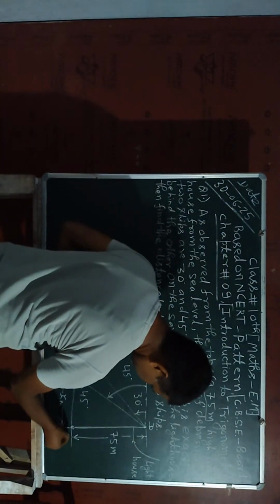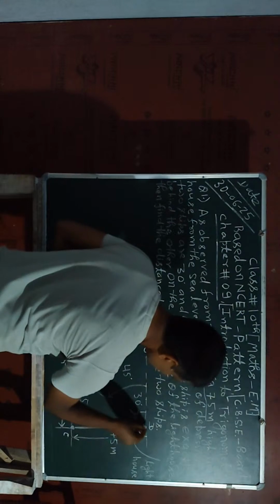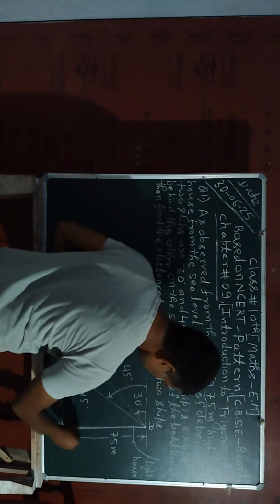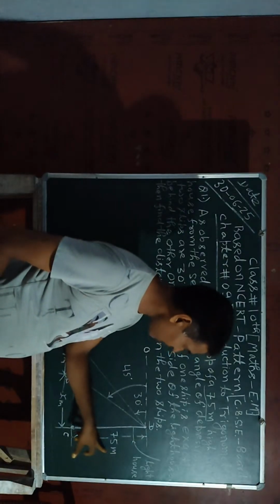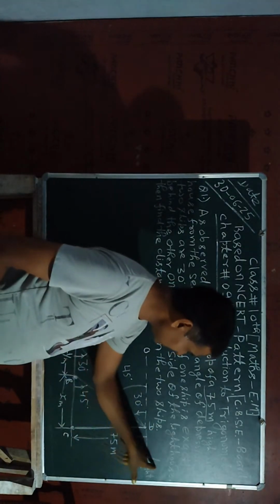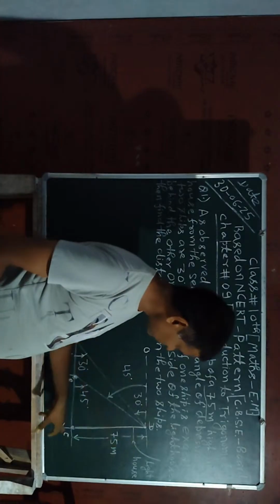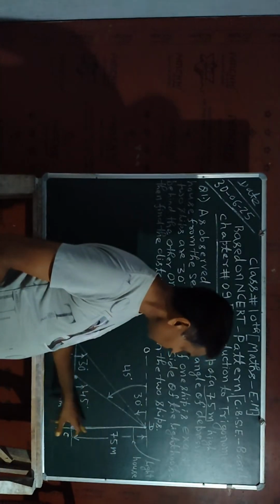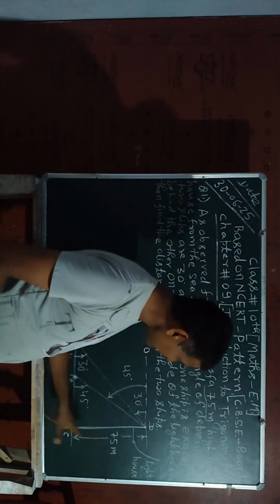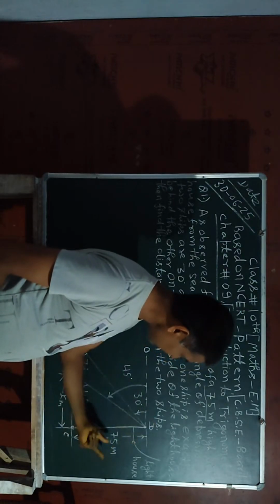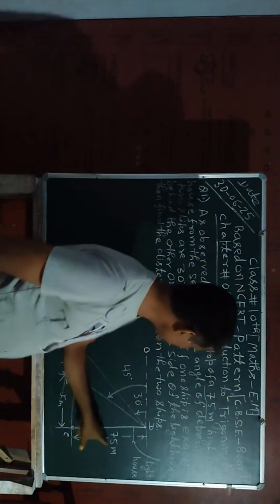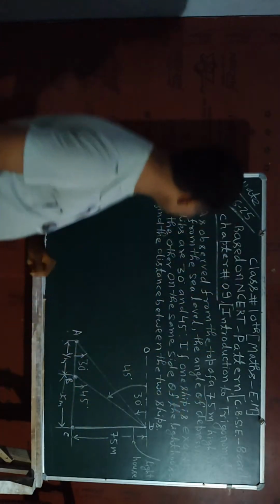It means that from the point C to D, its height is given here as 75 meters, and its name is lighthouse. The length of that lighthouse is CD, and its length is given in the question as 75 meters. Okay, student.